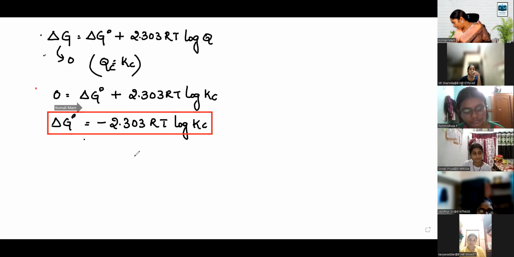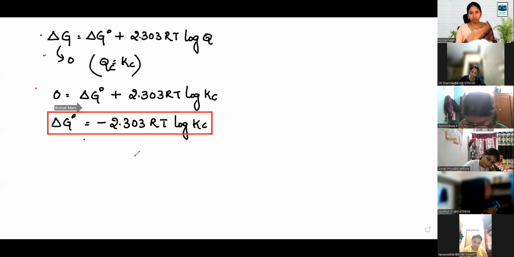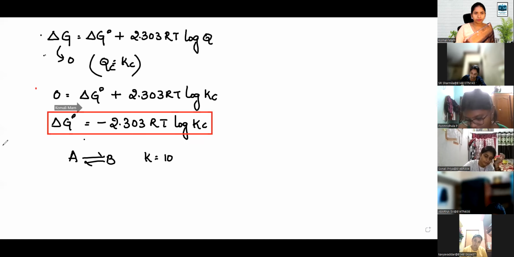Suppose a reaction is there. Write one question. A gives rise to B. K is equal to 10 at 27 degrees Celsius.